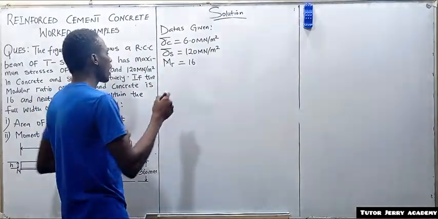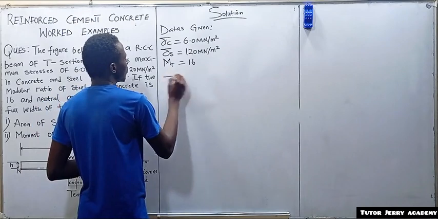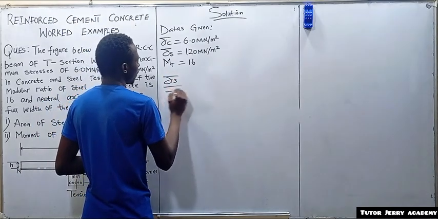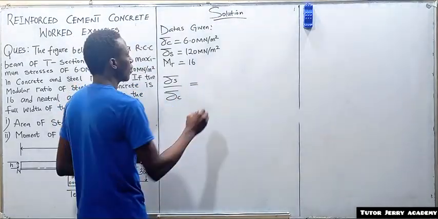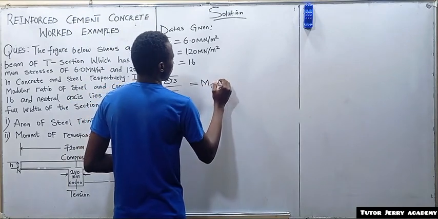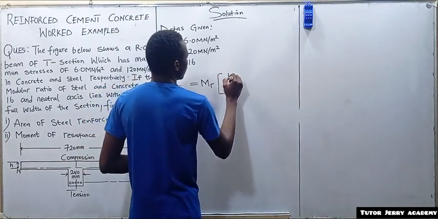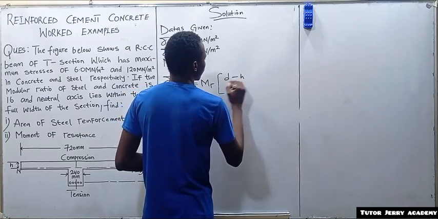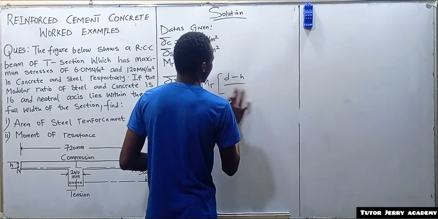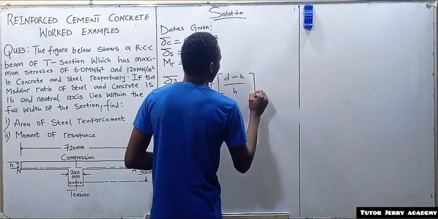So we have sigma S over sigma C equal to m subscript r into the bracket of d minus h, all over h, close the bracket.